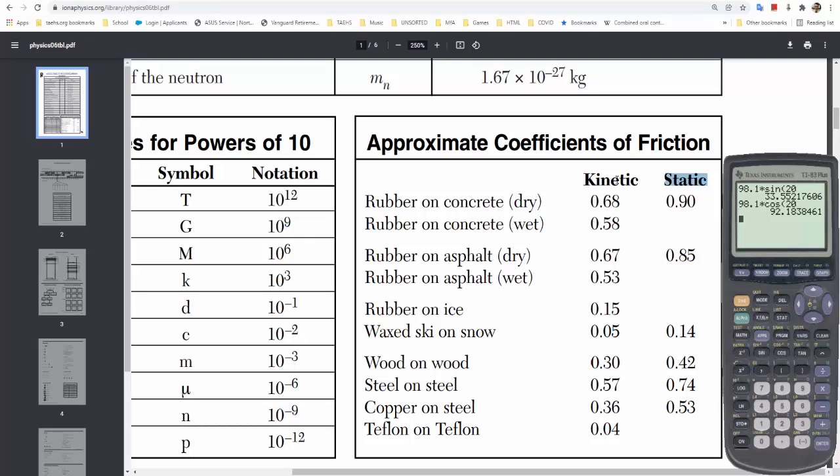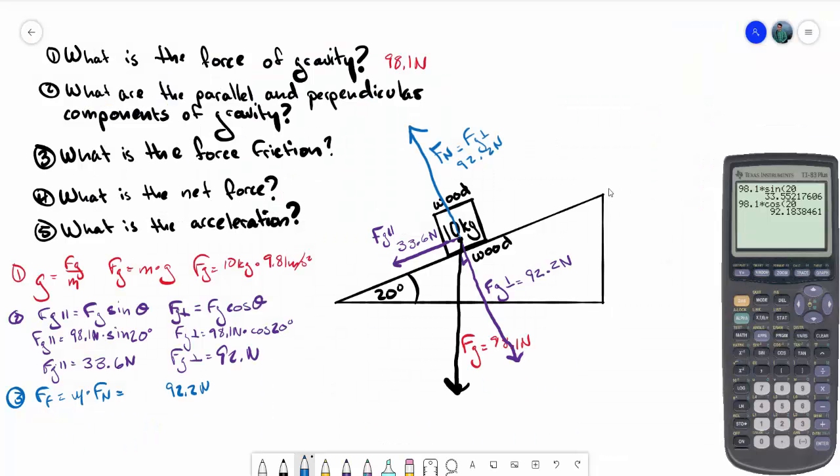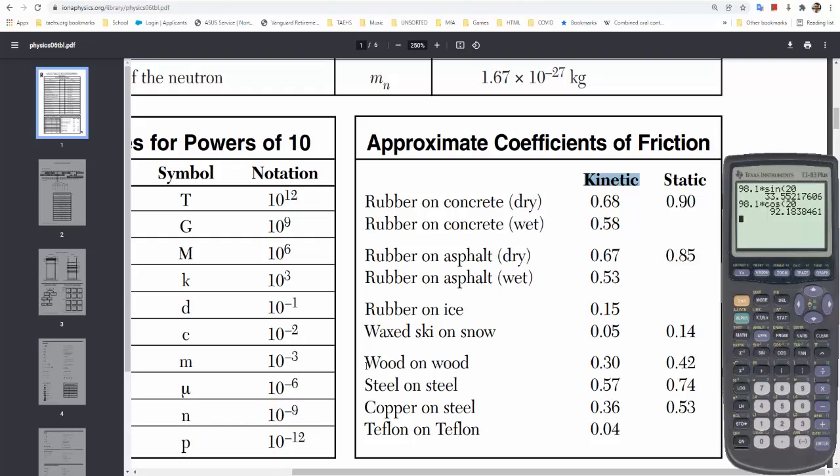Let's assume that our box is already sliding, so let's refer to the kinetic friction. And let's also review our materials. We have a wood box on a wood inclined plane. So a wooden box on a wooden inclined plane would have a kinetic coefficient of friction of 0.30.